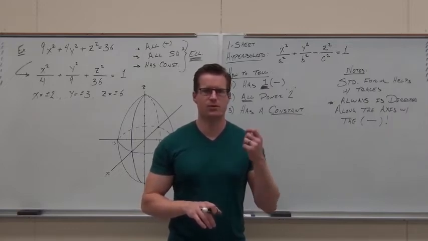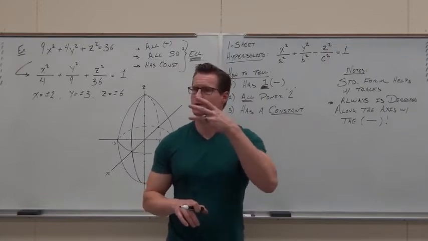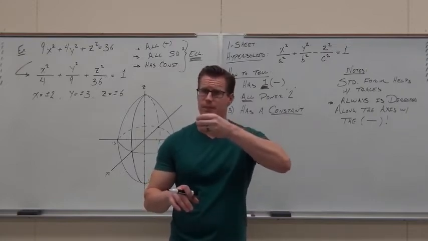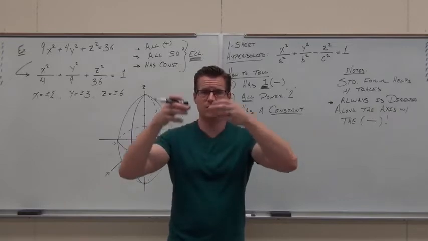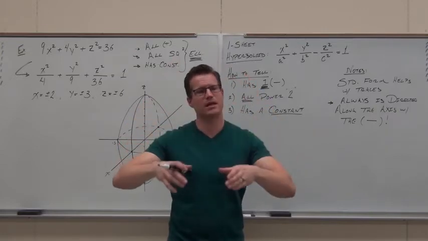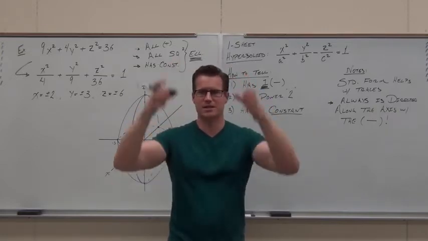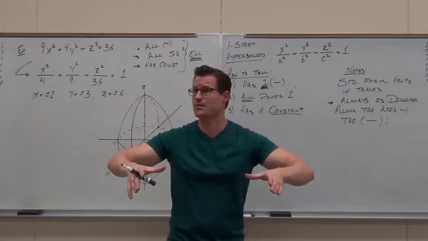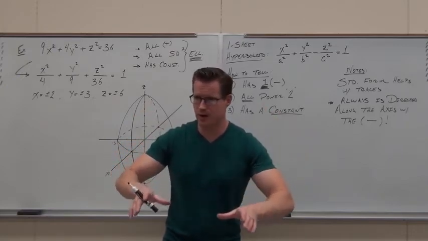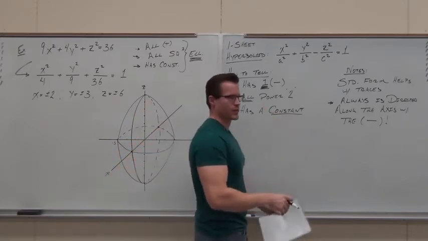That will give you 3 traces: one at 0, one at positive square root of the denominator, and one at negative square root of the denominator. What we get is a nice symmetrical hourglass shape. That's the best way to graph these without a computer.